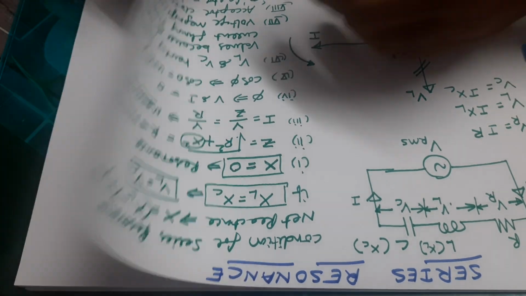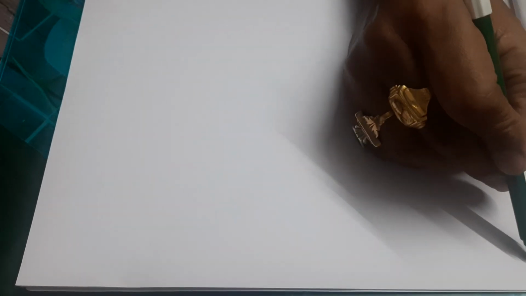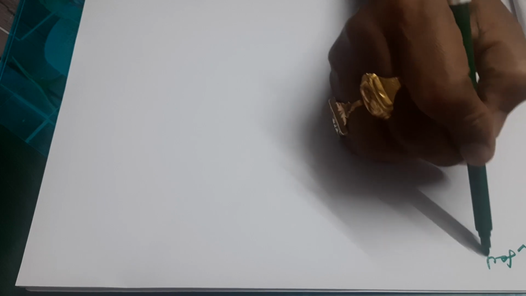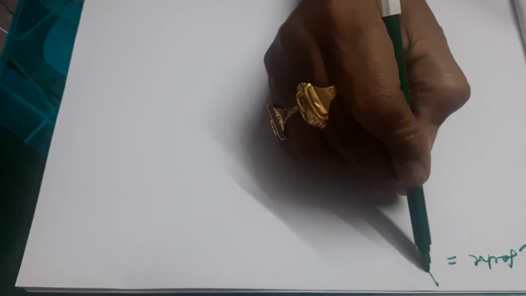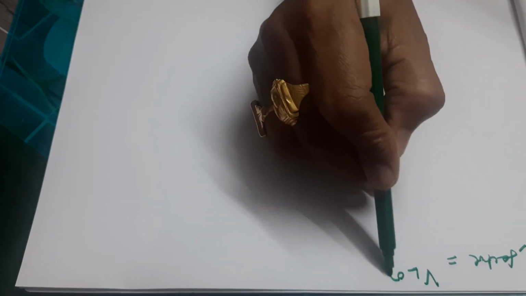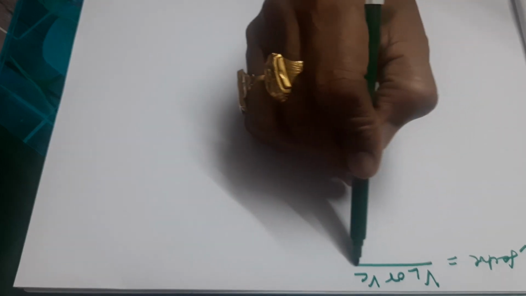And also we can find out the Q factor. What exactly is the Q factor? Q factor is given by the voltage across inductance or voltage across capacitance divided by the total voltage.